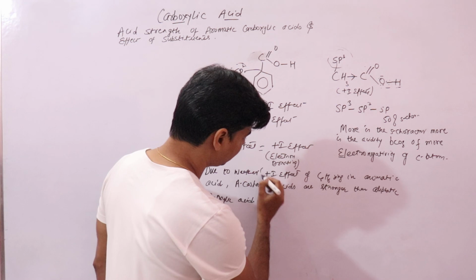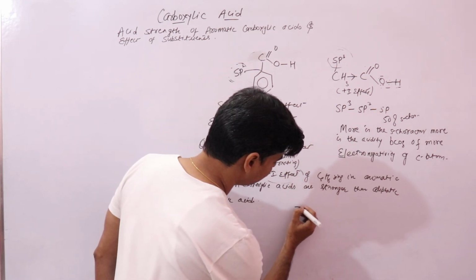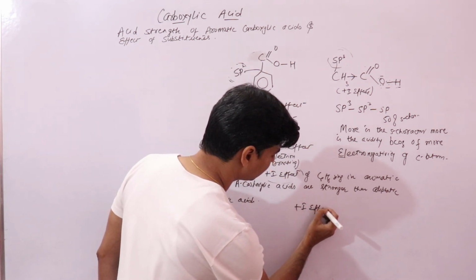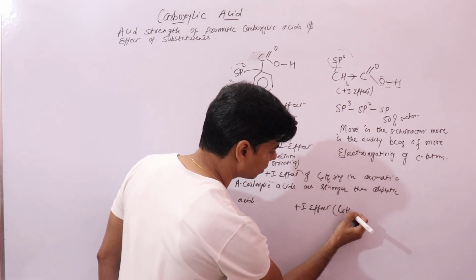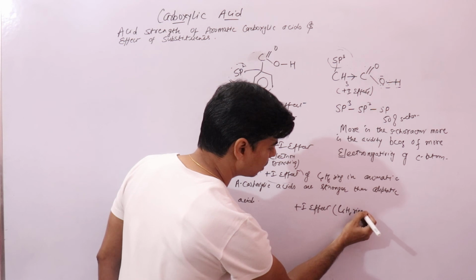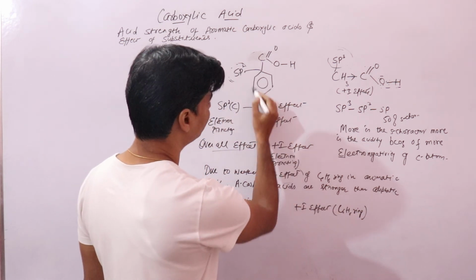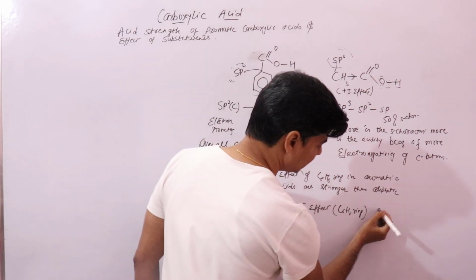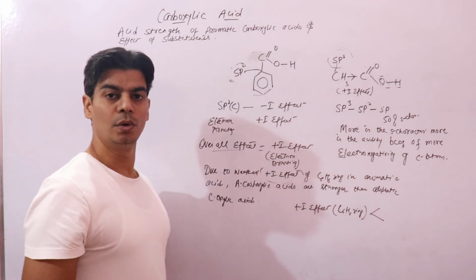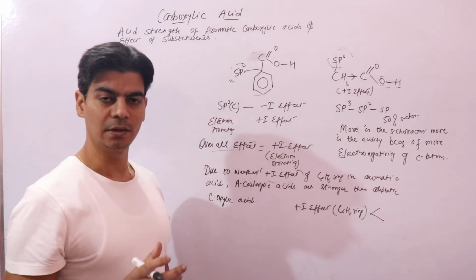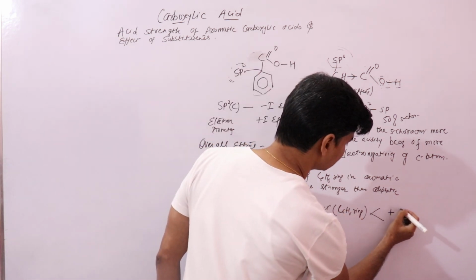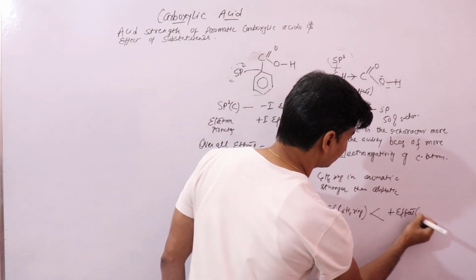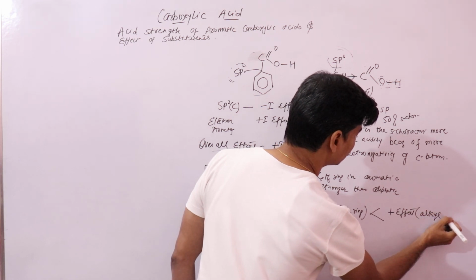The plus I effect, just remember here one thing, the plus I effect of this benzene ring is less compared to plus I effect of any alkyl group in case of aliphatic acids.